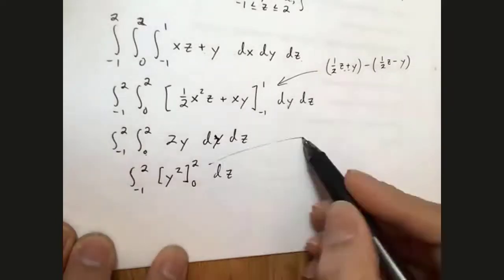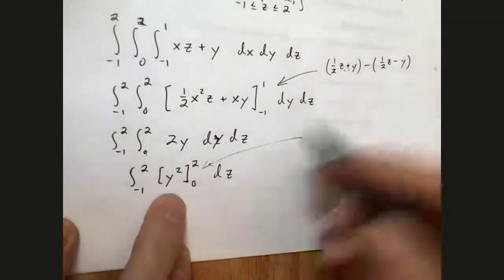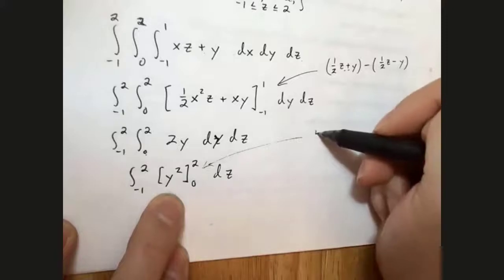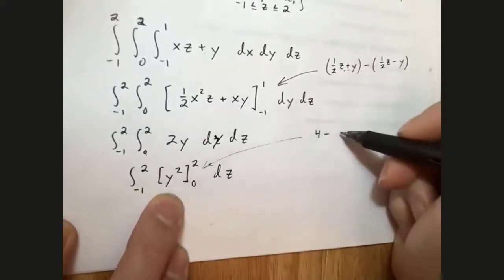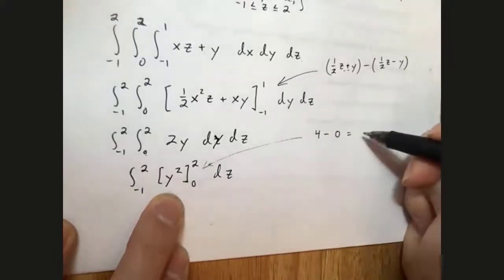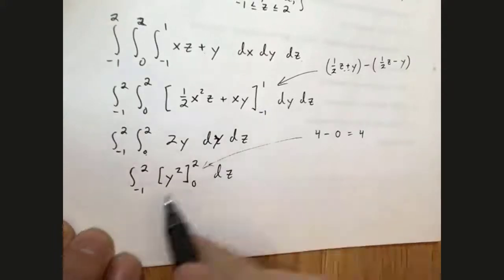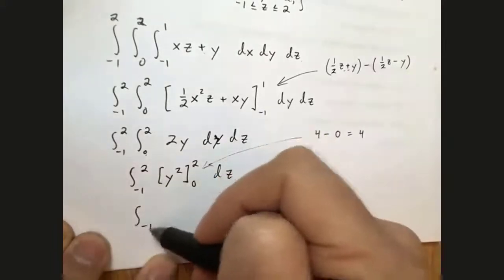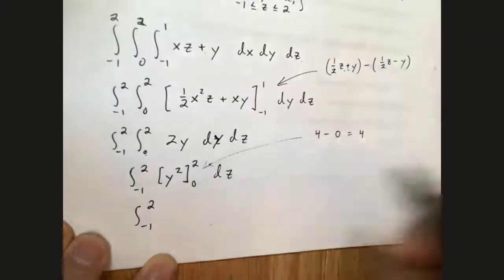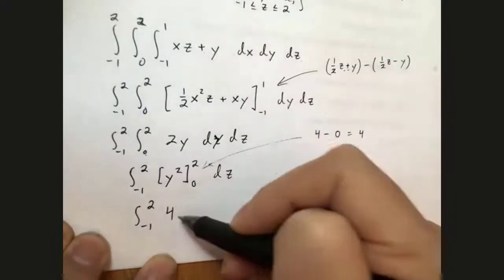Well, let's do that on the side over here too. Y squared evaluated at 2 is 4. Evaluated at 0 is 0. So that's just 4. So this really is just the integral from -1 to 2 of 4 dz.